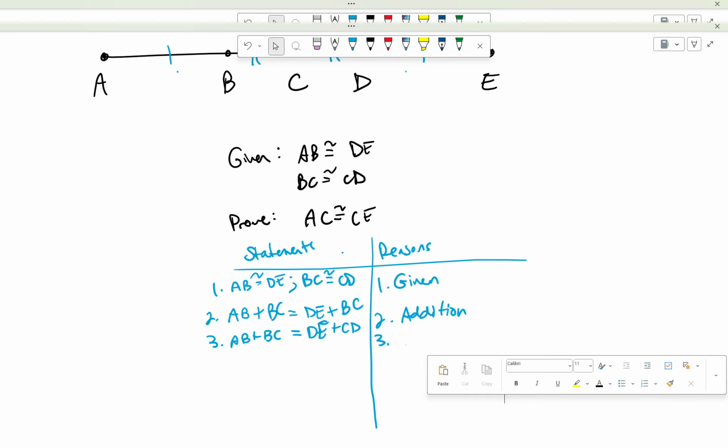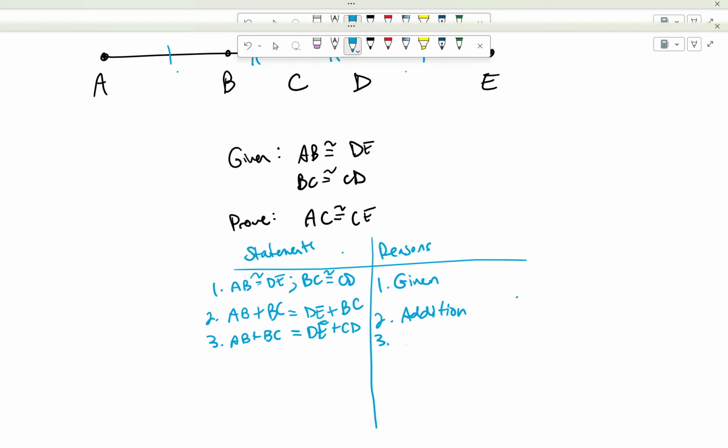Sorry guys, I'm having a lot of issues with my hand touching the screen here. There we go. This right here, BC and CD, this replacement, it's the same as this. So with the replacement, we don't say replacement. Our term that we use is called substitution. That's the property that we can cite. We just did a direct swap.